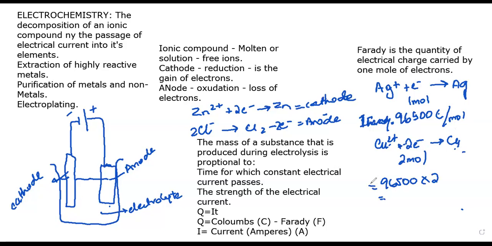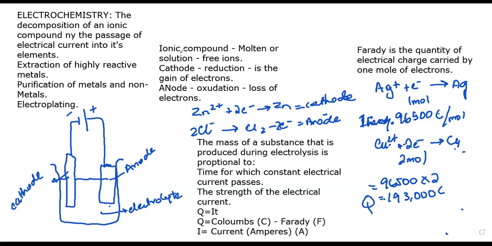Let me open up the calculator. 96,500 multiplied by 2 gives 193,000 coulombs per mole. This is the amount of charge that I will need to deposit 1 atom of copper.